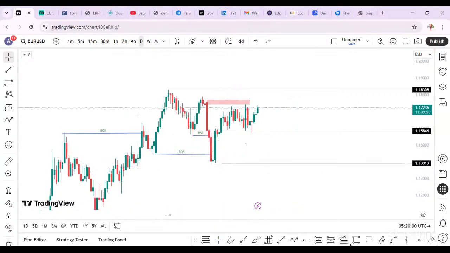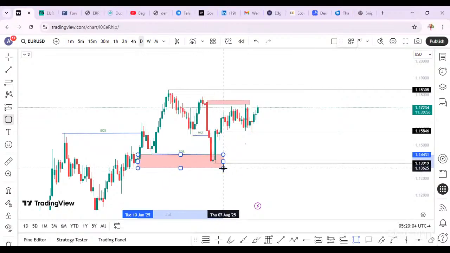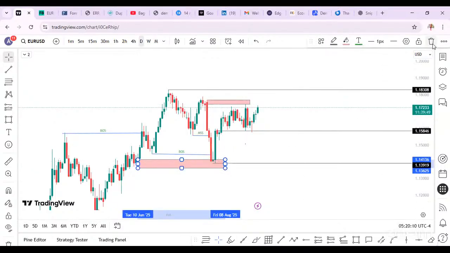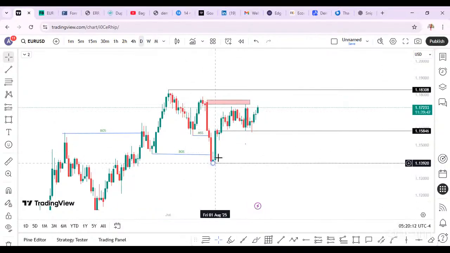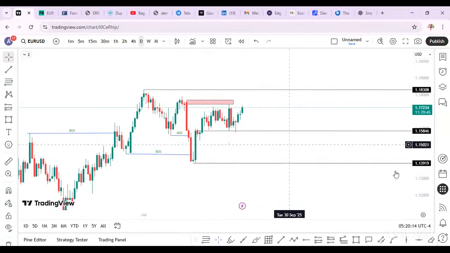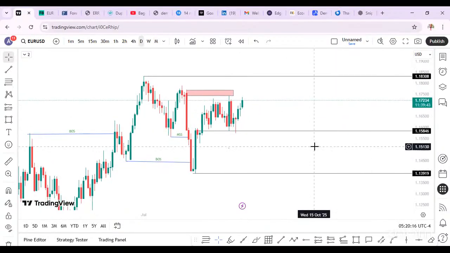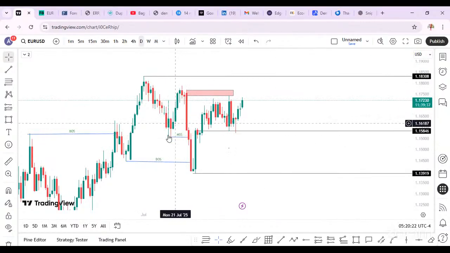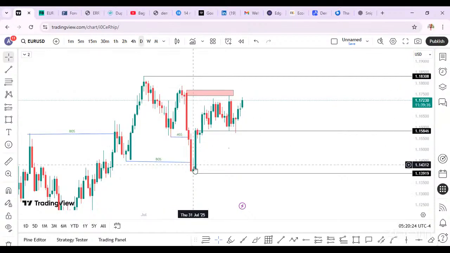Price grabbed liquidity from this low, from that demand zone, and pushed up. Based on smart money concept, Euro is still bearish, because once we change character, it means the market is bearish.